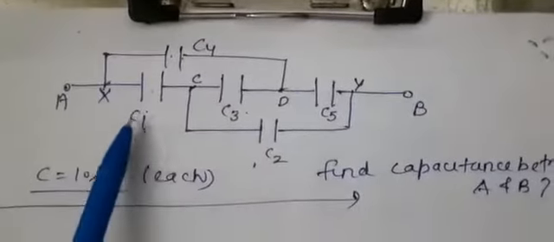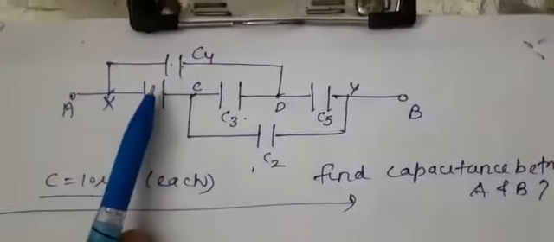So let me take C1 connected here and C4 connected here. This is C1. This is C4. Then from X, one plate of C1 and C4 are connected.